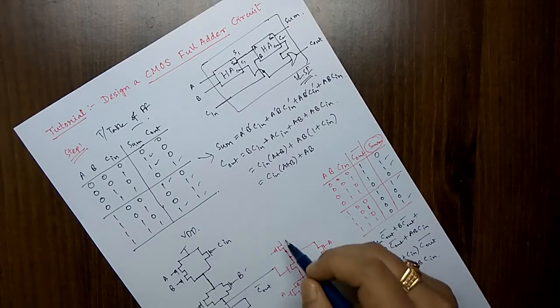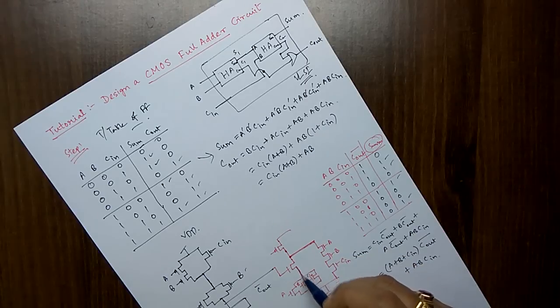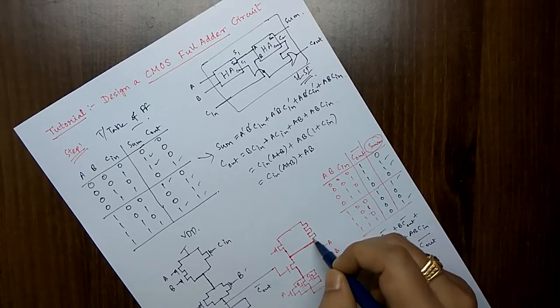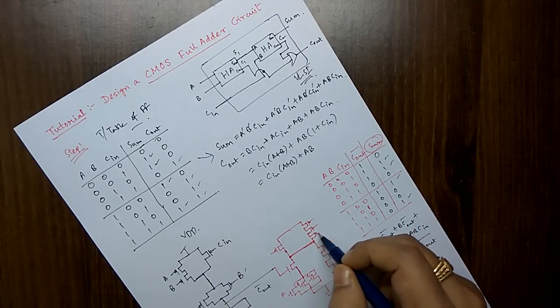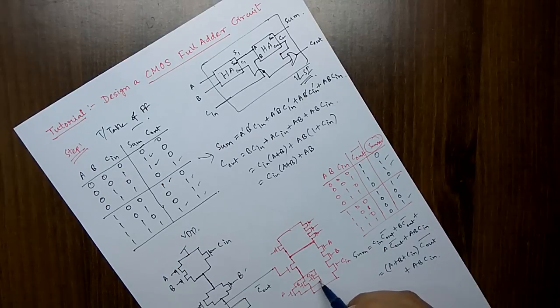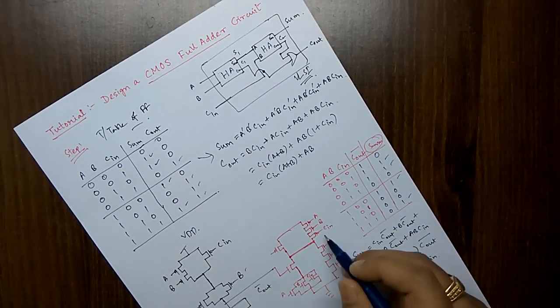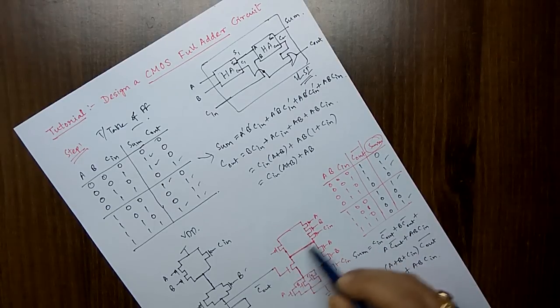Now it should be in parallel altogether, that is, this series becomes parallel of A, B, C in. A, B, C in was in series; now A, B and C in will all be in parallel, with the bubbles at the inputs. Okay, now this part is complete.